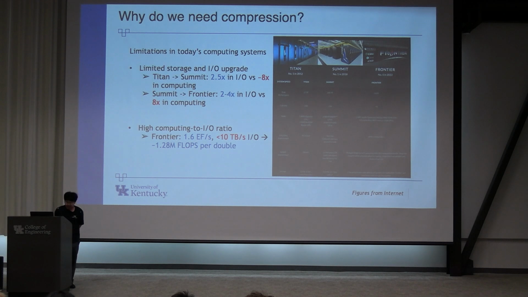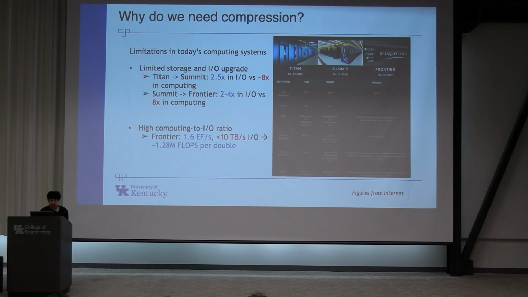Another reason is that we produce so much data and we need a mechanism to store and transfer it. However, the current advance in the I/O and storage system cannot keep up with the advance of computing speed. Here are 2 very typical limitations of today's cutting-edge computing systems. This figure shows the recent upgrades of the leadership computing facility at Oak Ridge National Lab.